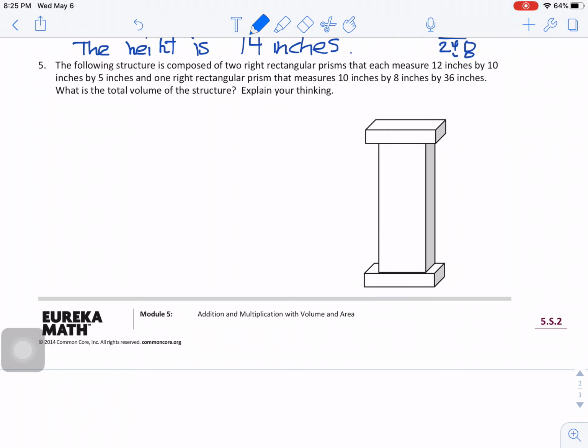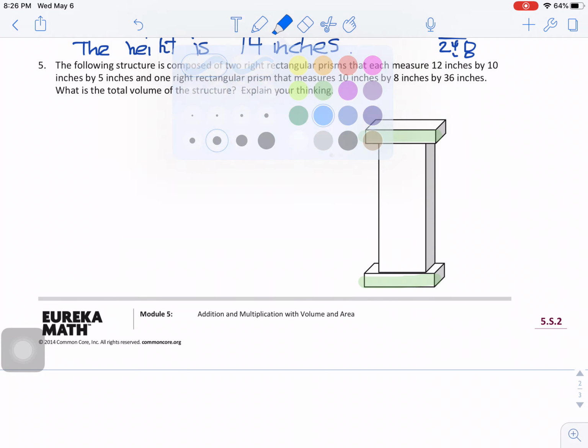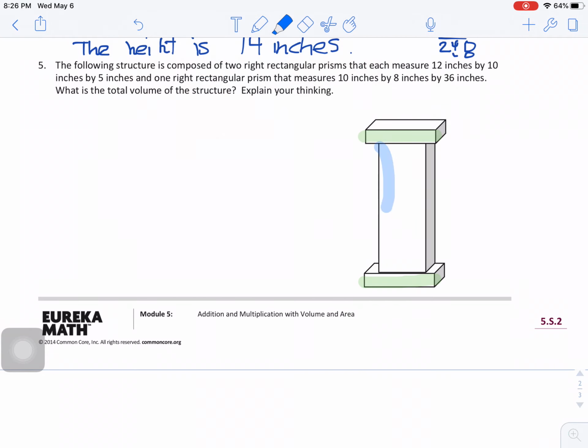Explain your thinking. Well, the first thing that I want to think about as I read this is how many rectangular prisms are in this structure. I have two that are identical, and then I have a third one that is different.